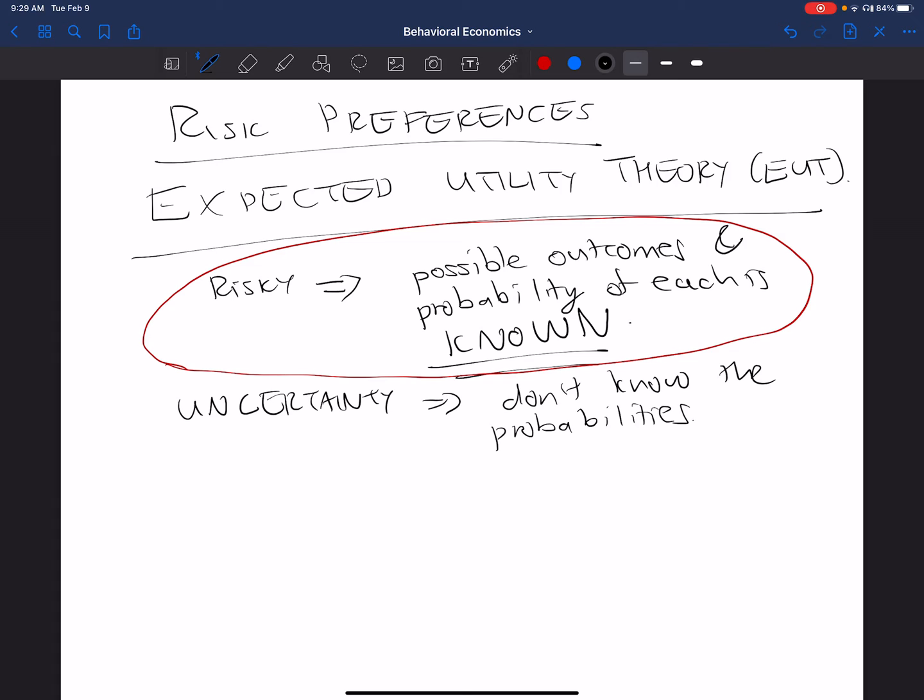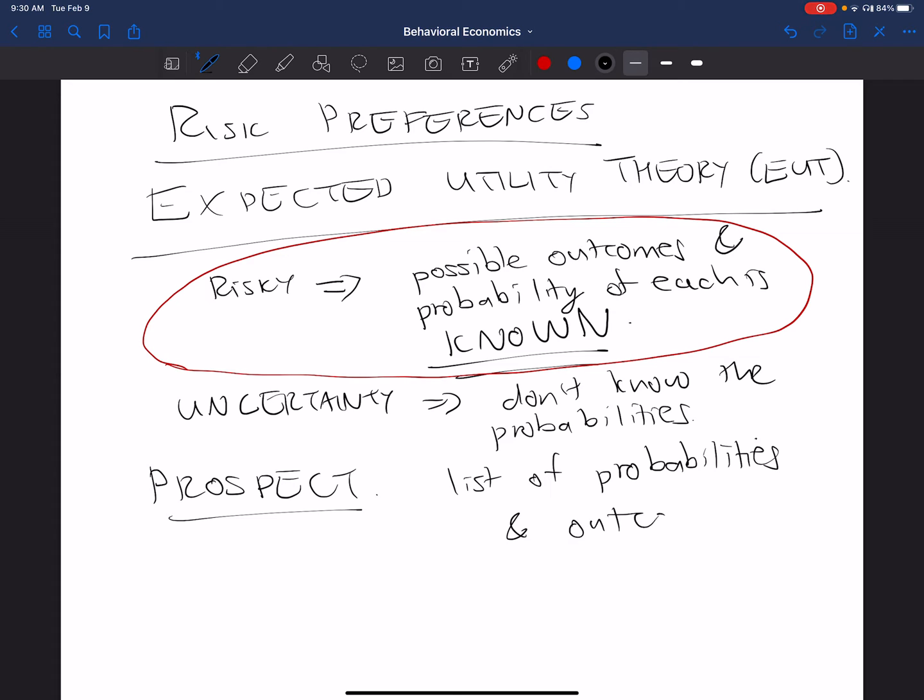And so with risky situations, we talk about the idea of a prospect. A prospect is a list of probabilities and outcomes. So for example, if we have a set of outcomes 1 through n, we can pair lists of probabilities and outcomes in the following way.